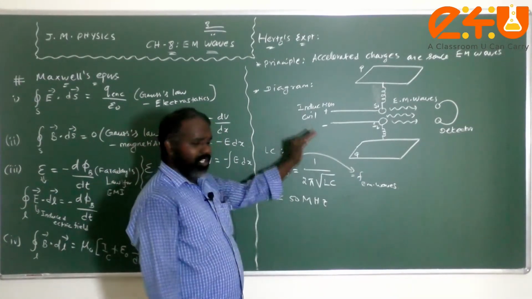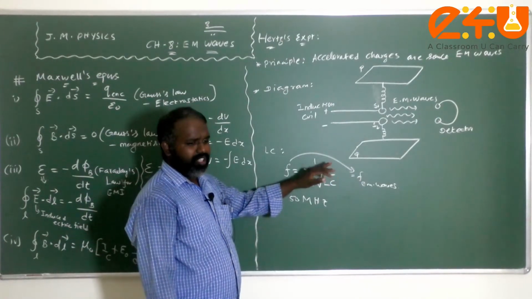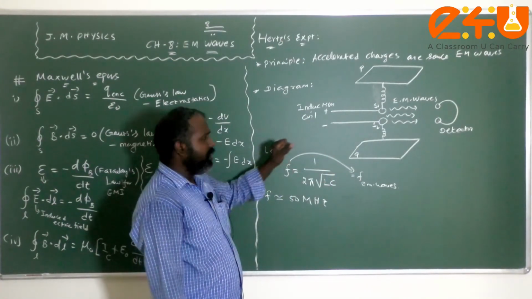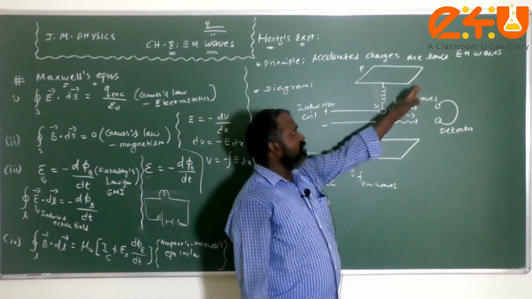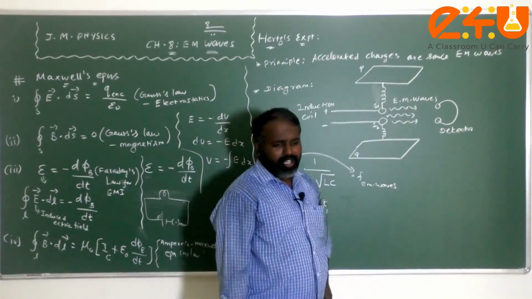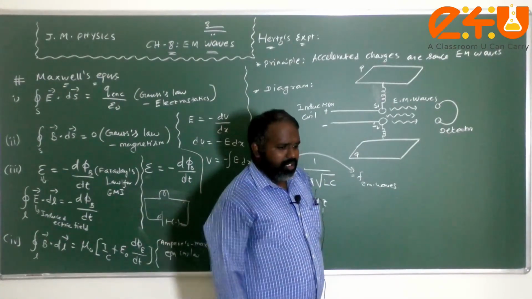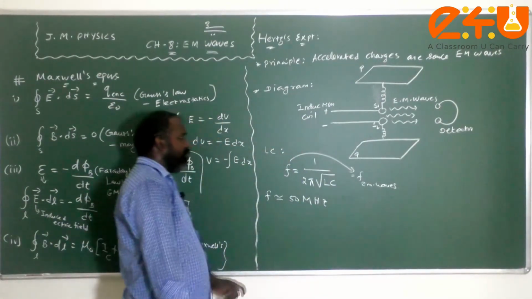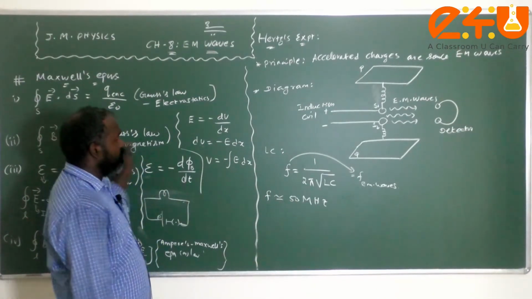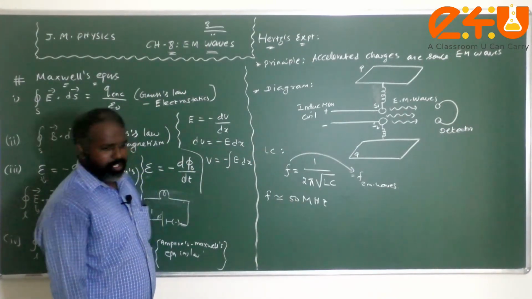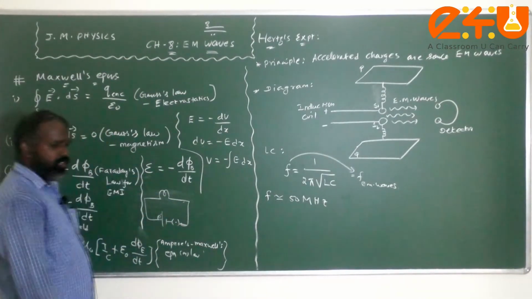So this is the experimental demonstration of the Hertz experiment, based on the concept that accelerated charges are sources of electromagnetic radiation. This is the brief introduction to Maxwell's equations and the Hertz experiment. Please kindly note it down, children.